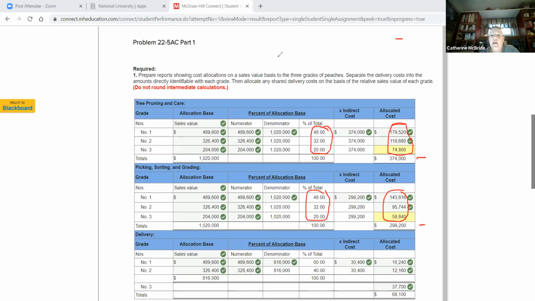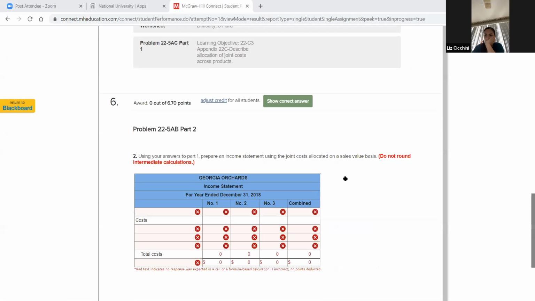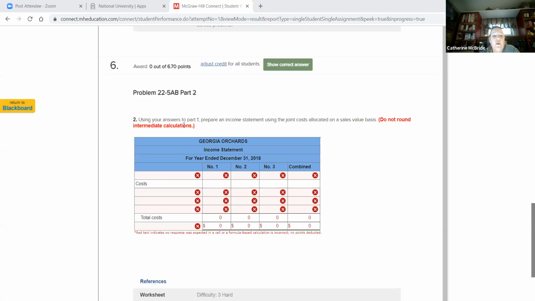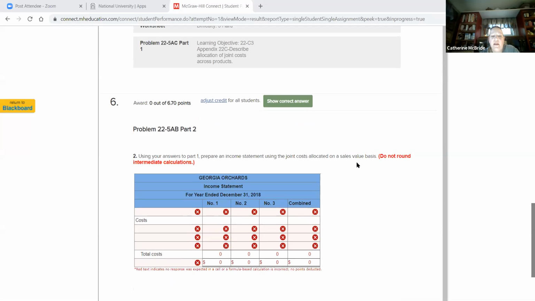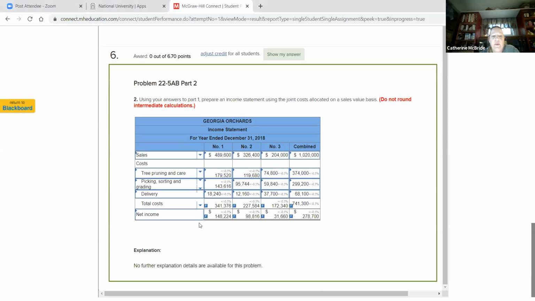All right, moving on down. Good job, Liz. All right, now we want to use our answers to part number 1 to prepare an income statement using joint cost allocated on a sales value basis. Oh, you don't have to do this. We don't have to do any sales value stuff, but I'll show you. So we're going to take number 1, we're going to put the sales in.